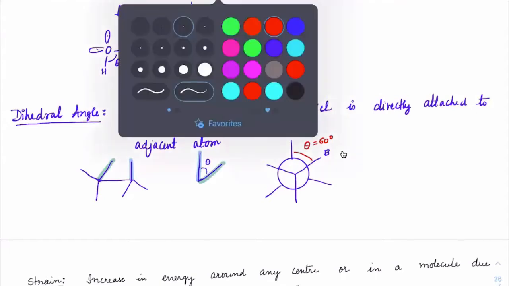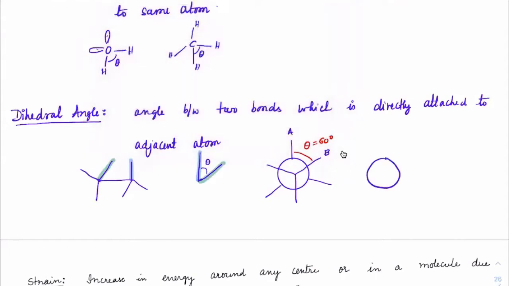Suppose I take another Newman projection where I took it this way, and I'm trying to find the angle between these two, then that theta is 180 degrees.